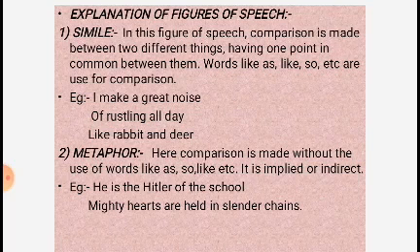Here the example shows, I make a great noise of rustling all day like rabbit and deer. Here noise is compared to rabbit and deer, and the word like is used. That's why this line refers to the figure of speech called simile.